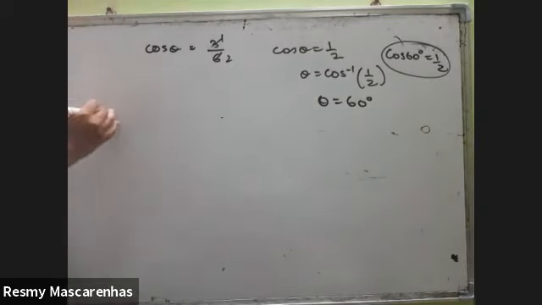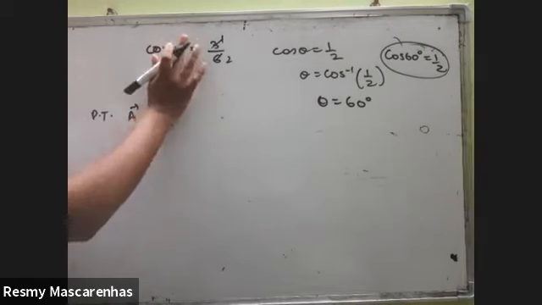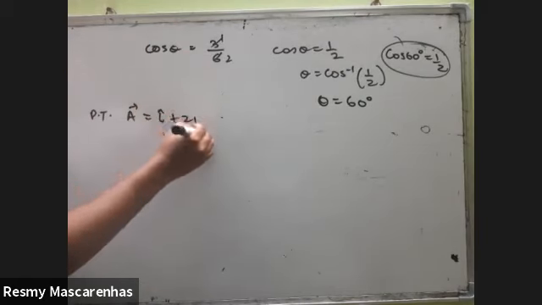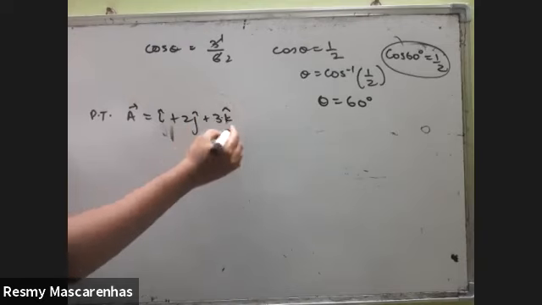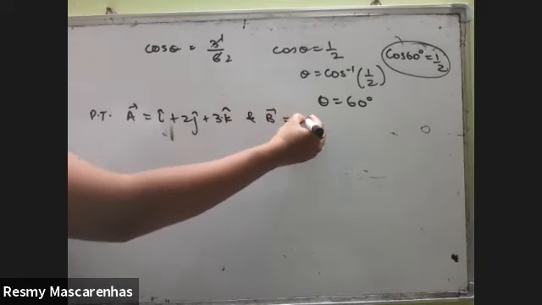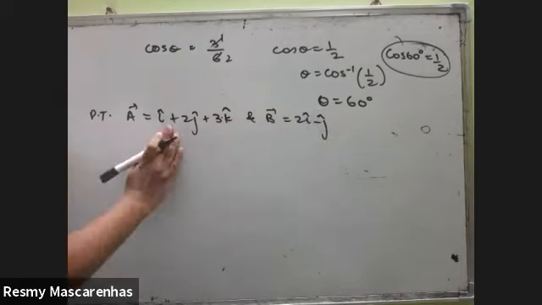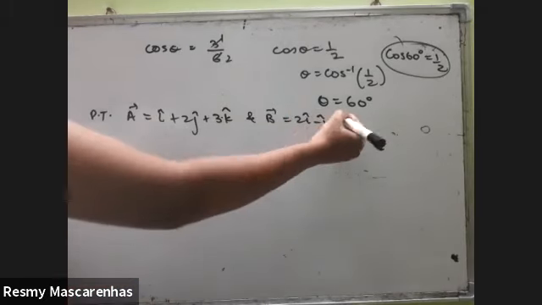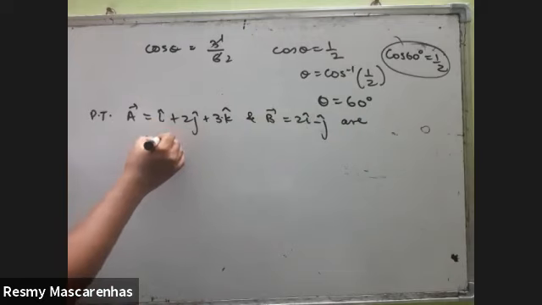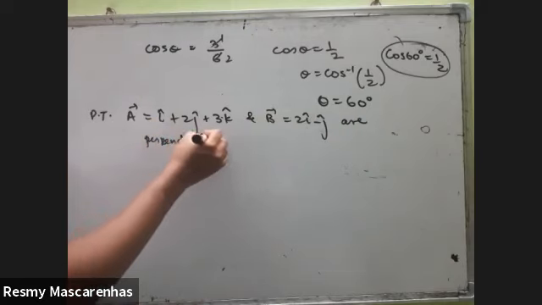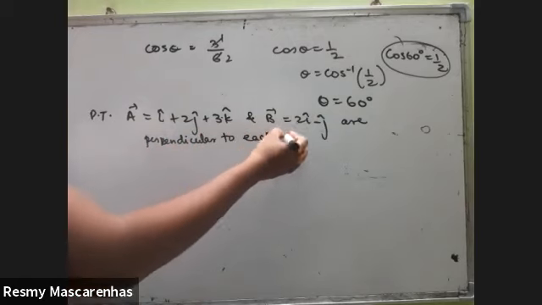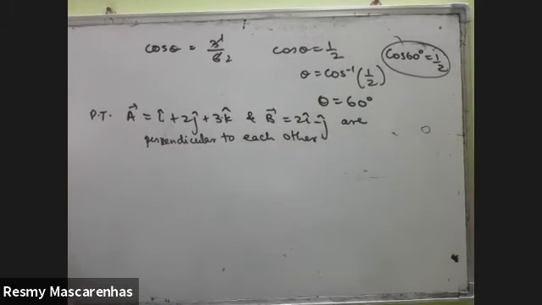Suppose you have to prove that the vectors are perpendicular to each other.